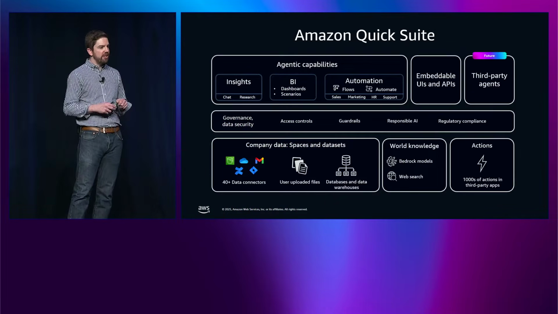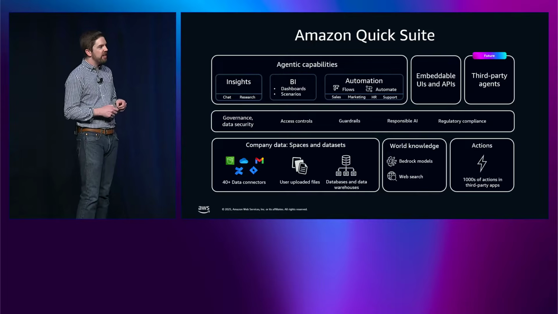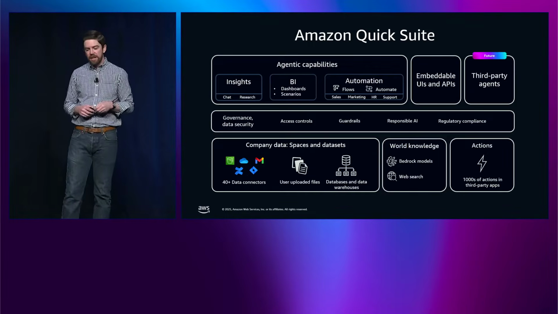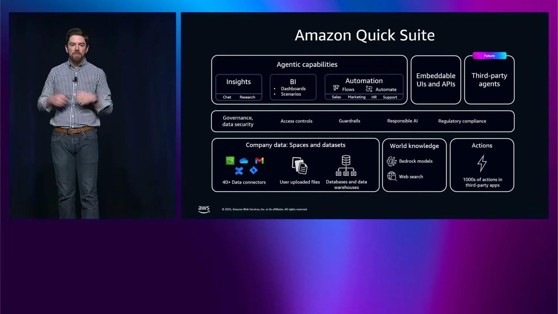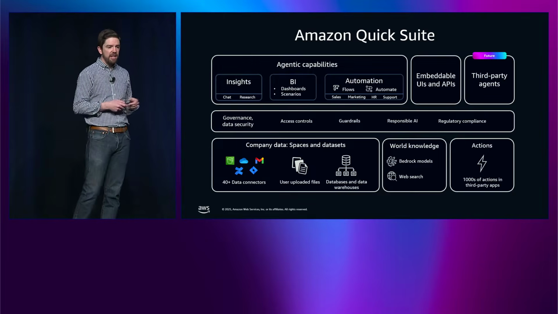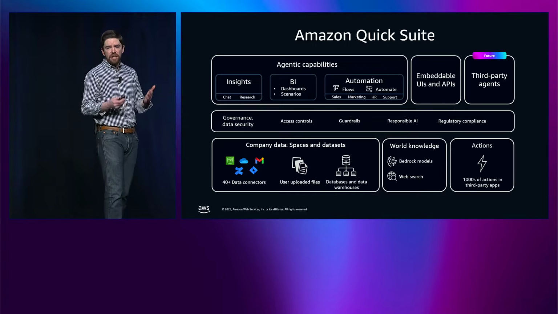So a quick architecture slide. Usually everyone loves this slide, so this is kind of the one to get your phone out, if you will. But QuickSuite, if you think about it, is kind of this top layer of this slide. The built-in agents that we have to help you and the business users perform those tasks that we just talked about. Starting on the left to gather insights, we have your normal chat agents. There's a built-in agent.